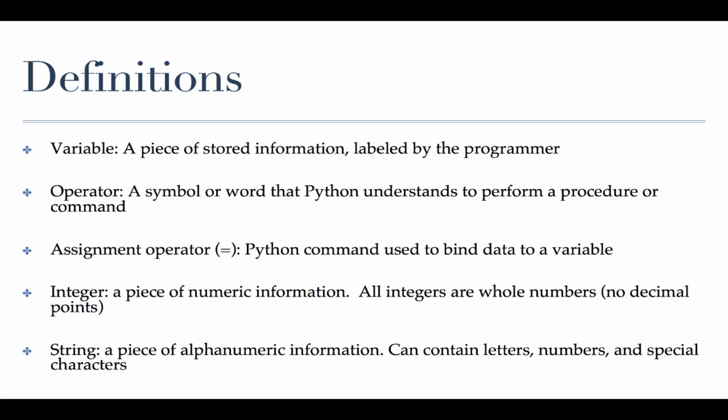Next, what you're going to need to understand is the concept of an operator. Operators are basically symbols in Python that Python understands, that it has a set of processes that it can do with that operator. There are many different types of operators. So, for instance, arithmetic operators, the plus sign and the minus sign.